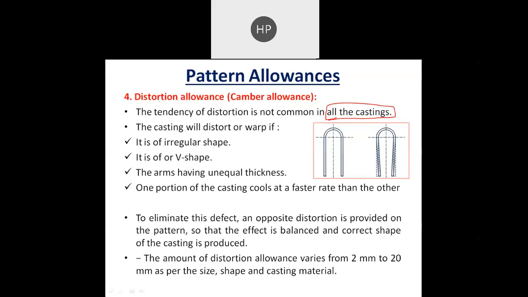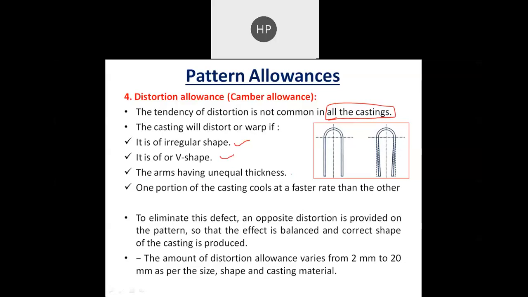The casting will distort or warp if it has an irregular shape. When we have an irregular shape, you will find this distortion allowance. If it is of a V or U shape, or the arm has unequal thickness.